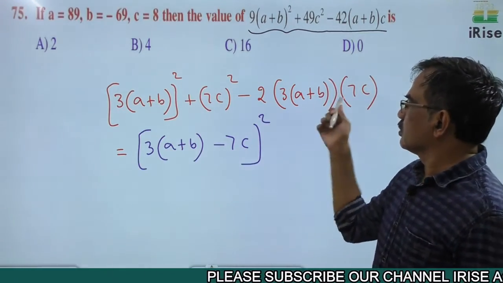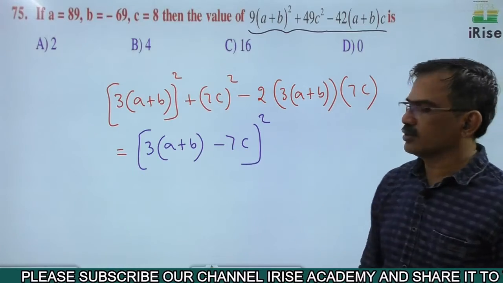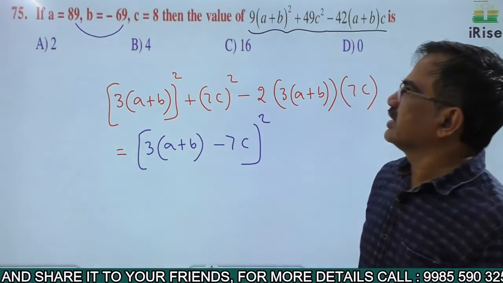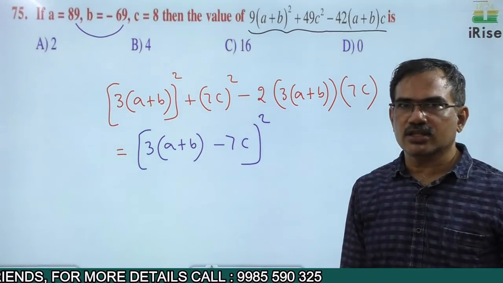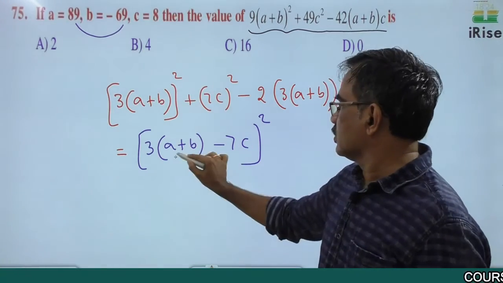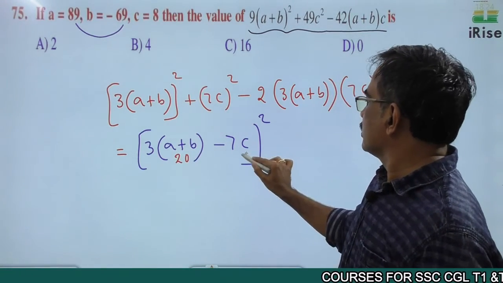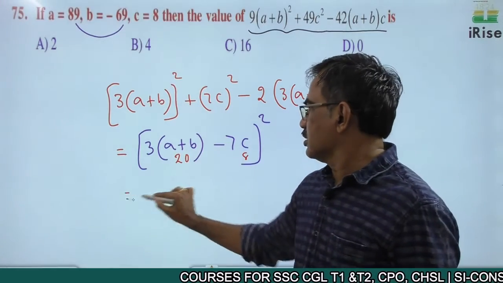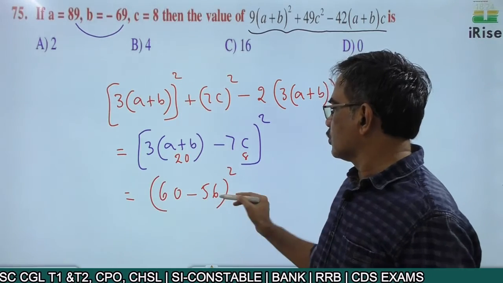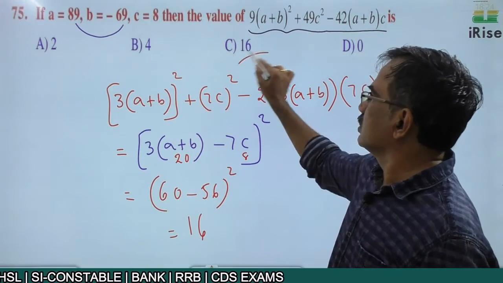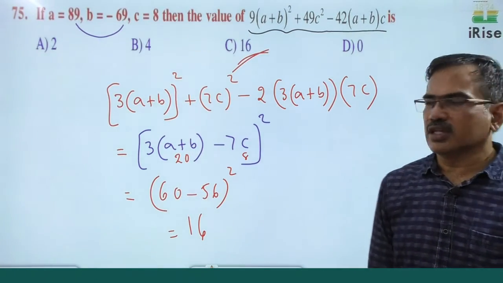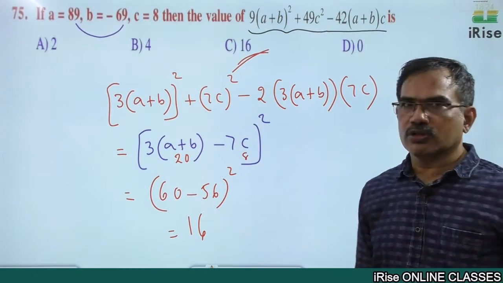Here what is a plus b? a is 89, b is minus 69. 89 minus 69 is 20. So this value is equal to 20. C is 8. This is nothing but (60 minus 56) whole square, that is 4 square. 4 square is 16. So answer is 16. Just rearrange the terms, we convert it into the (a minus b) whole square formula.